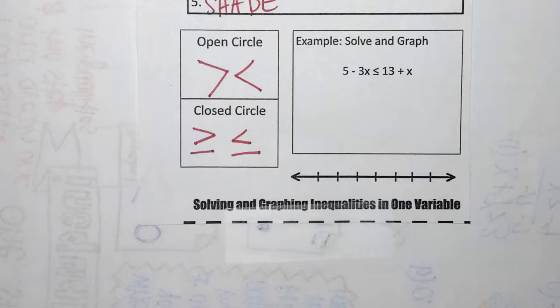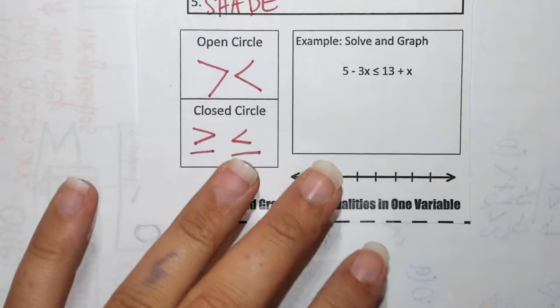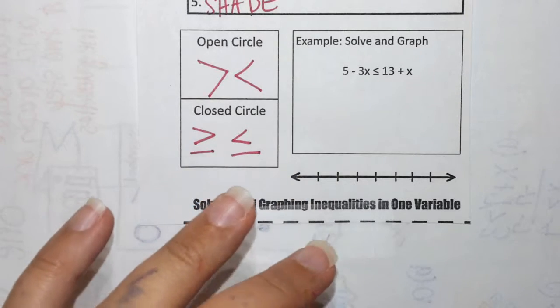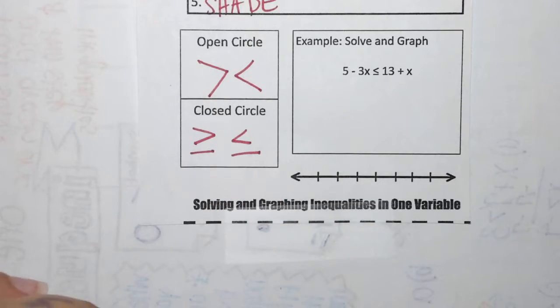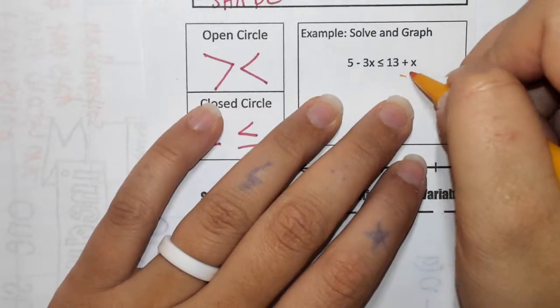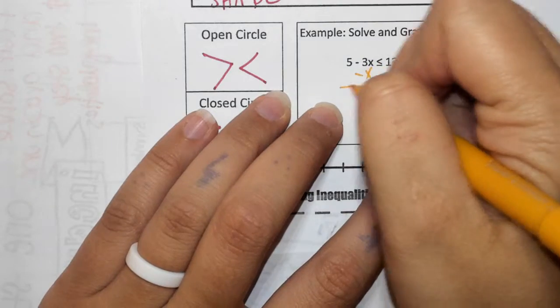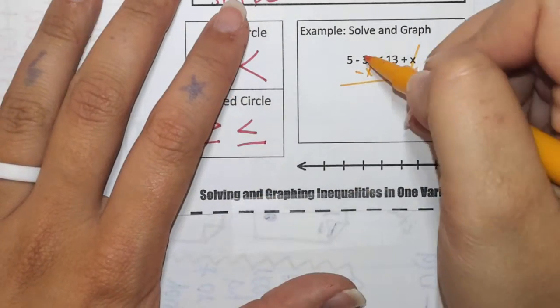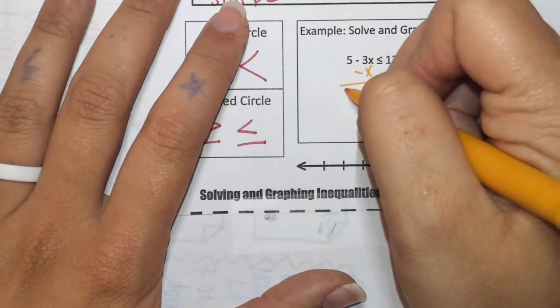Can anybody tell me the first step to help the people out who are staring at it like they've never seen this before, even though we've been doing it for a month? Donnie! Subtract x. Yay! Take a point. Subtract x from both sides. And what is negative 3x minus x?